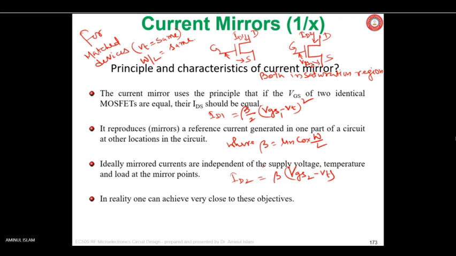Will there be any difference if you have the same W by L and the same VT for both MOSFETs? Say VT equals 0.5 volt. Suppose you have taken W equals 44 nanometer divided by 22 nanometer for both. Is there any chance that it will differ? ID1 and ID2, will they be the same or not?